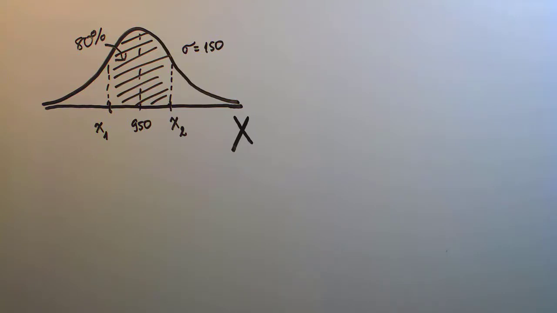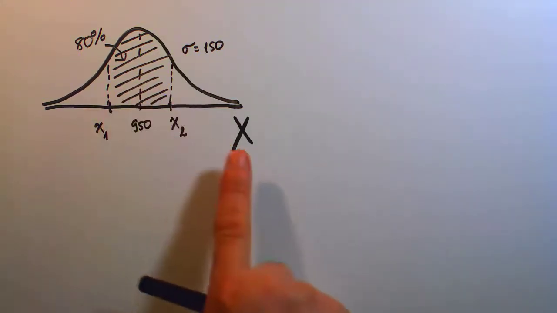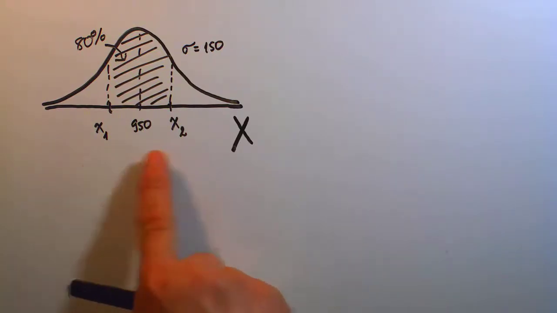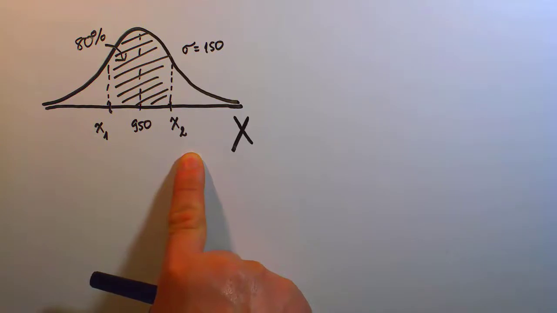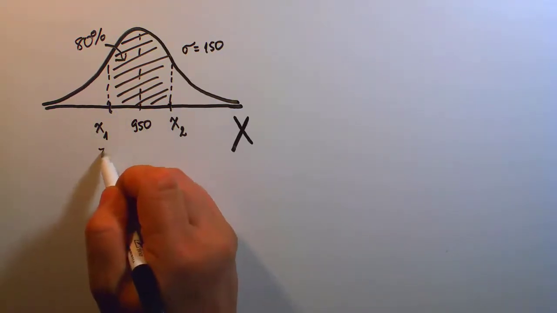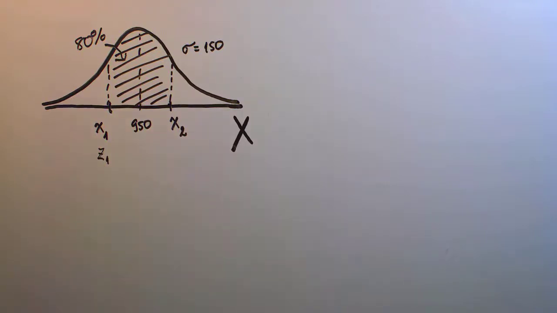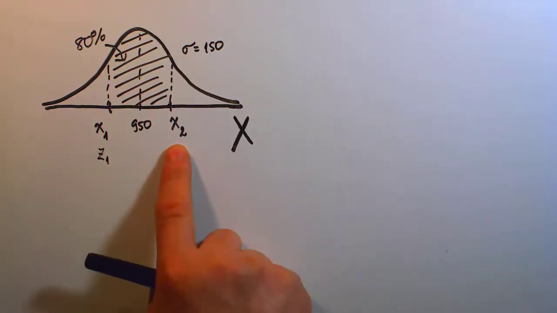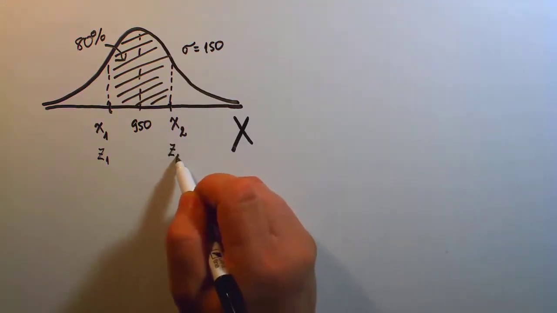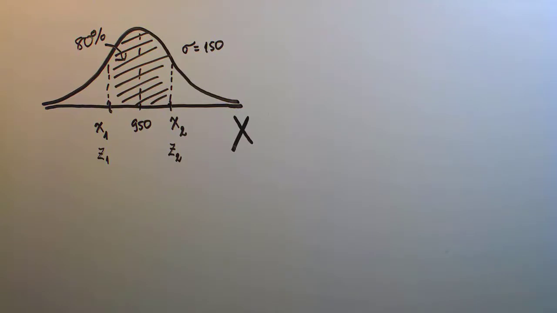And before we go far, keep in mind that we have worked long enough on this general normal distribution, and we see how heavily connected any of our values are with the corresponding z-score. From where x1 stands, there will be a corresponding z-score, and let's call that z1. And from where x2 stands right here, my upper cutoff, there will be an upper z-score, and I call that z2 right here.